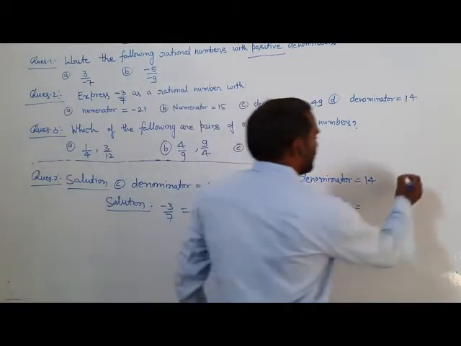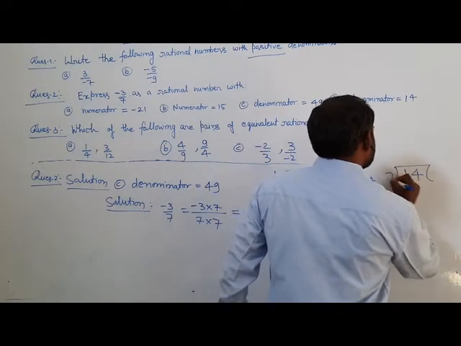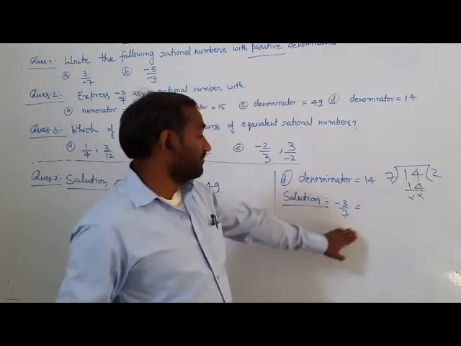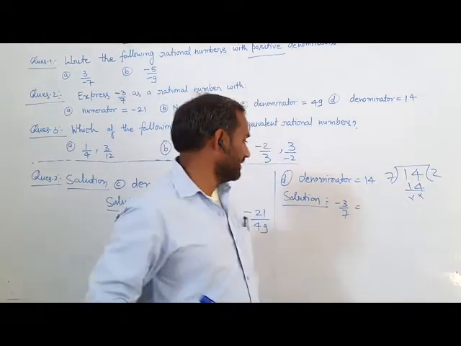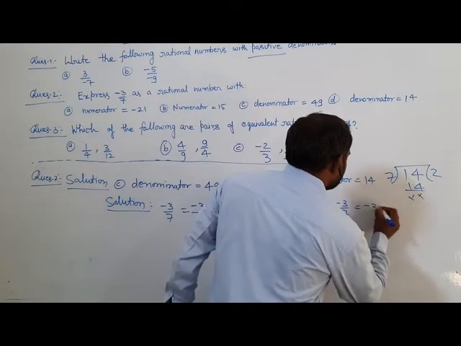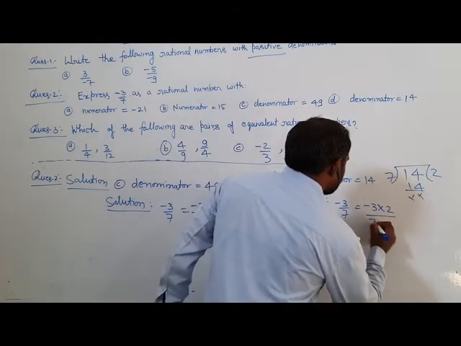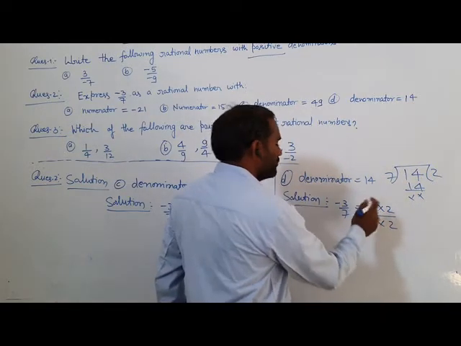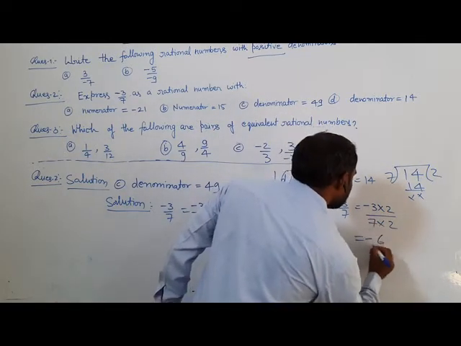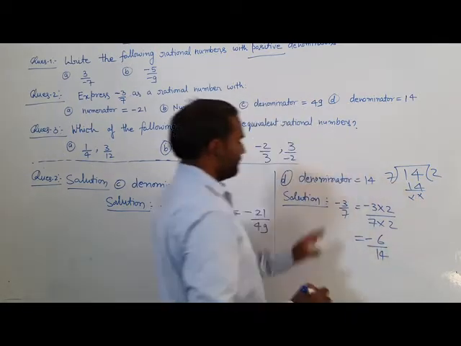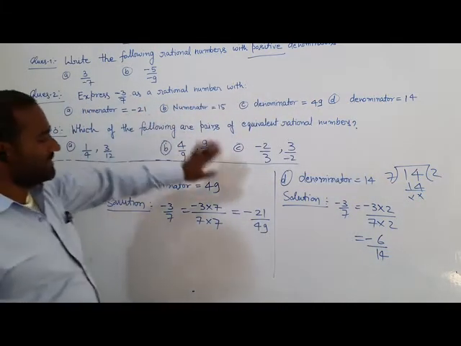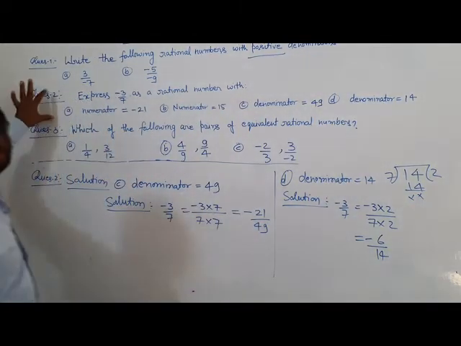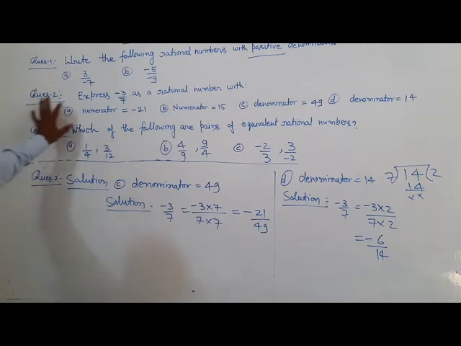Now divide 40 by 7. 7 twos are 14, so we have to multiply by 2 in the denominator and also in the numerator. Minus 3 into 2, 7 into 2: the product of opposite signs is negative. 3 twos are 6, 7 twos are 14. So minus 6 by 14. So this is the solution of question number 2.